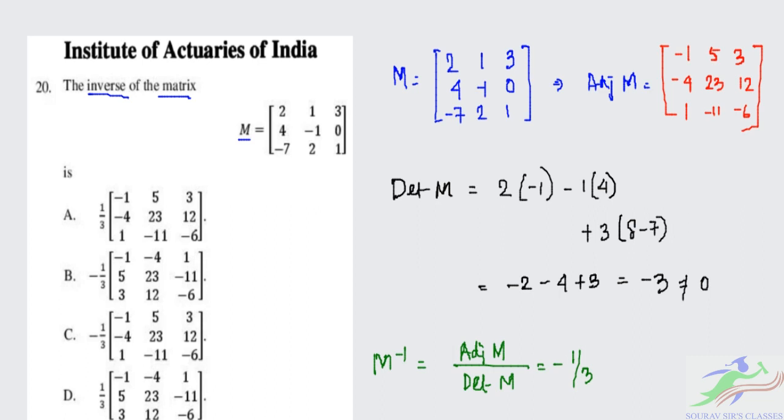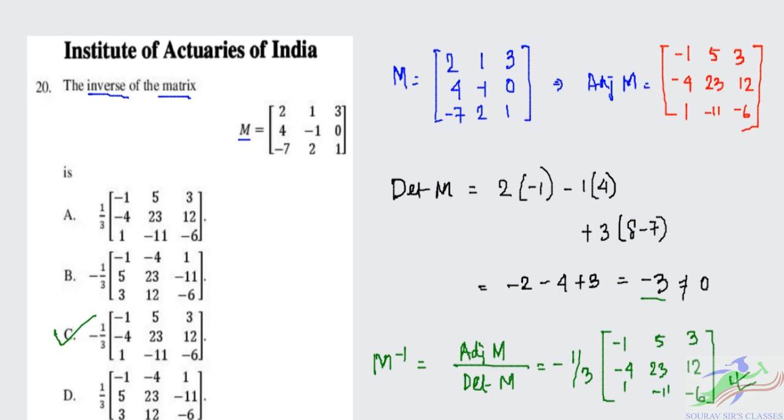So this is 1 by determinant of M, which is minus 1 by 3, and we simply write the adjoint of M: minus 1 minus 4 1, 5 23 minus 11, 3 12 and minus 6. So this is our answer, the inverse of this matrix. If we check with the options, our correct option is C, which is minus 1 by 3 times minus 1 minus 4 1, 5 23 minus 11, and 3 12 minus 6.